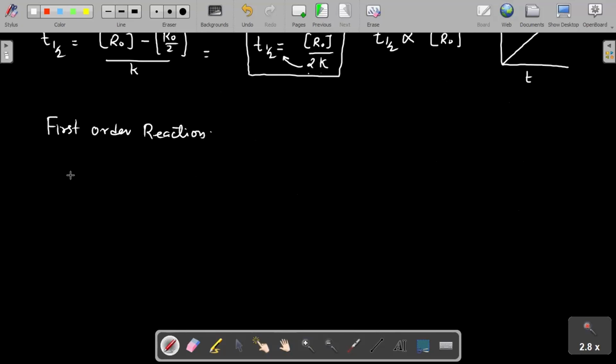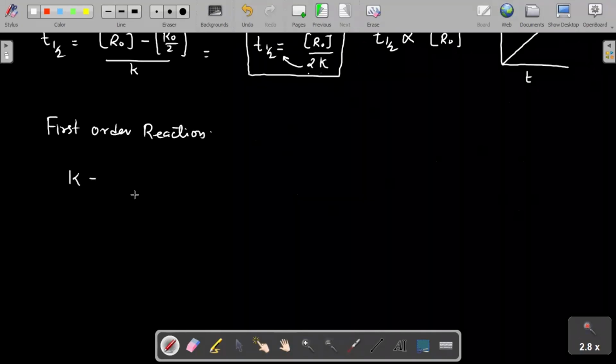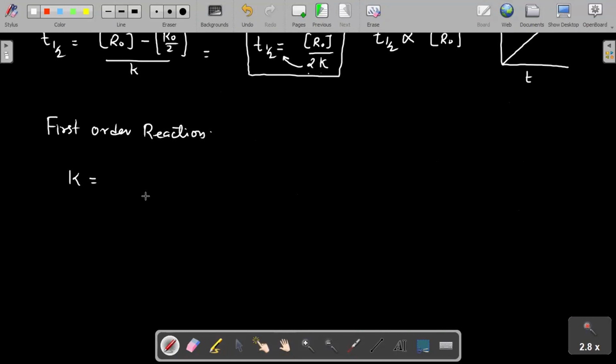First order reaction, again, we are not deriving it right now. The value of K for the first order reaction is given by K = 2.303 upon t log of initial concentration upon concentration of R at some time t.